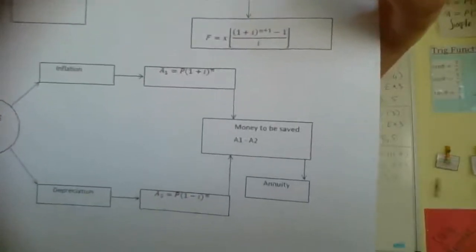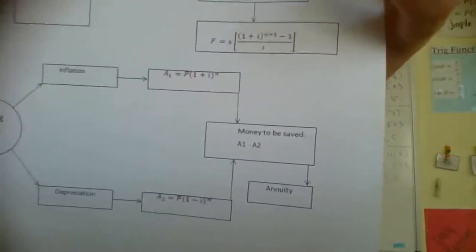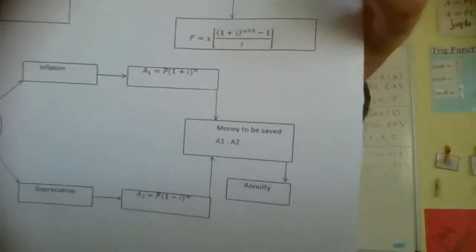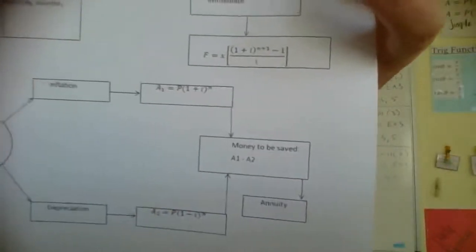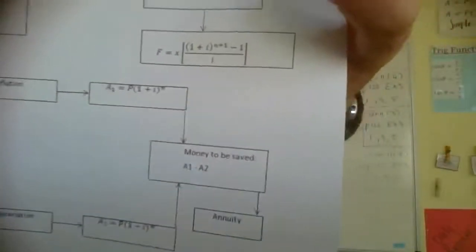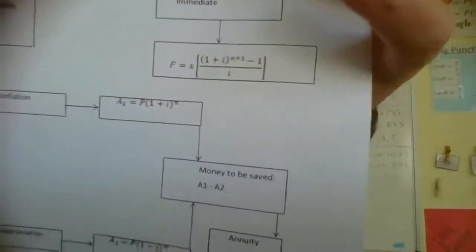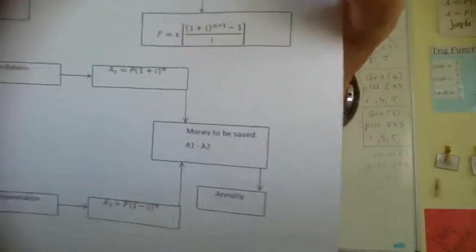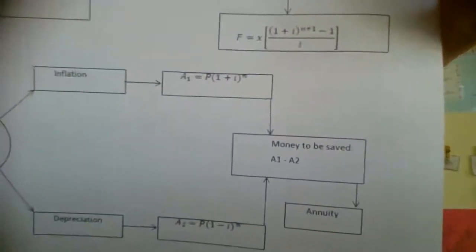You can actually name the one on top A1 and the one at the bottom A2. Because in block number 19, you're going to write A1 minus A2.